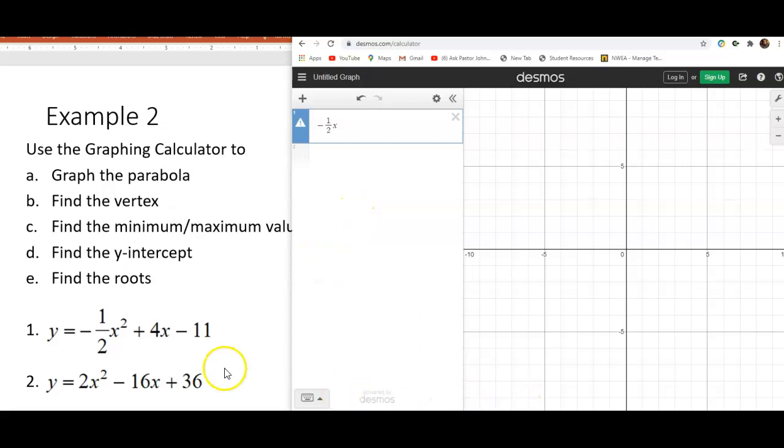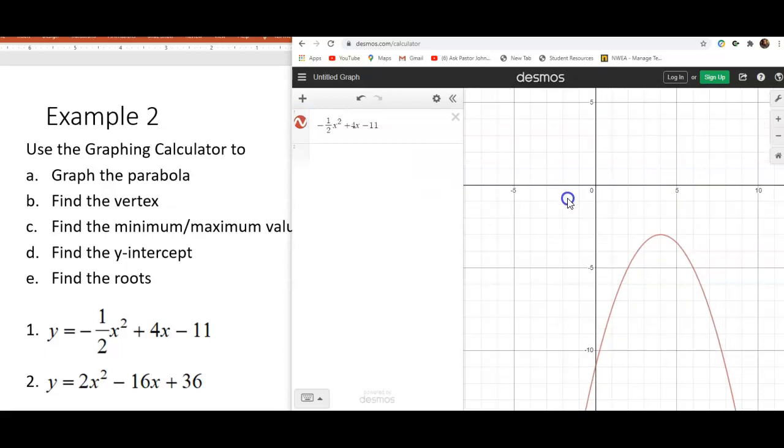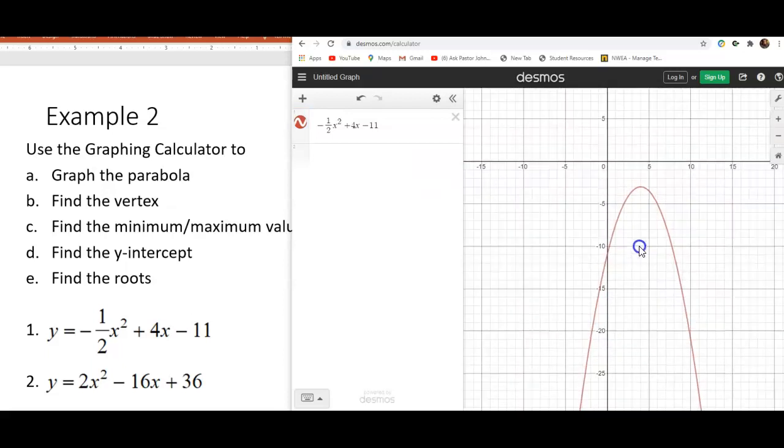It's a little button that looks like an arrow pointing upwards, and it makes an exponent. Then you can push 2, and then you have to push the arrow button to get out of the exponent. Then we'll type the rest of it, 4x minus 11. And there's my parabola. So it's graphed it for us. Kind of nice, huh?